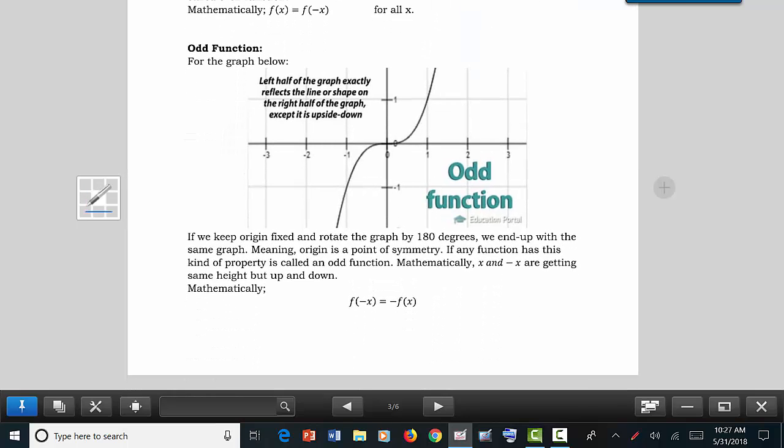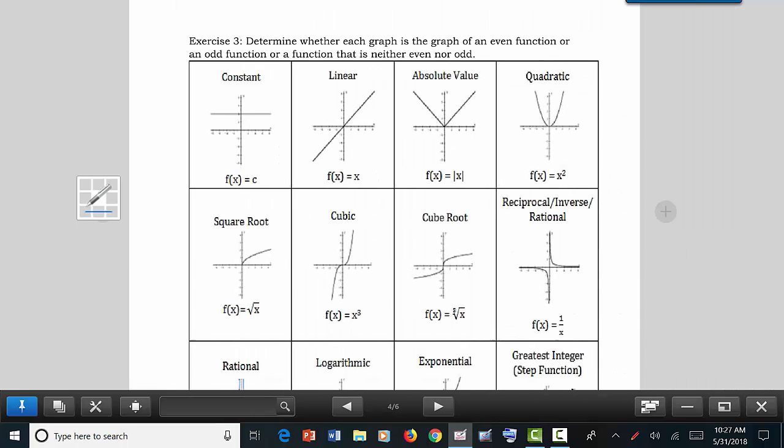Now here is some idea about how to decide whether a function is odd or even.